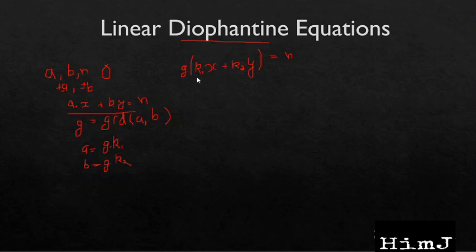Now this value in the bracket will be an integer, because x and y should be integers and K1 and K2 are also integers. Which means n should be a multiple of G, that is n should be divisible by G, that is n modulo G should be equal to 0.